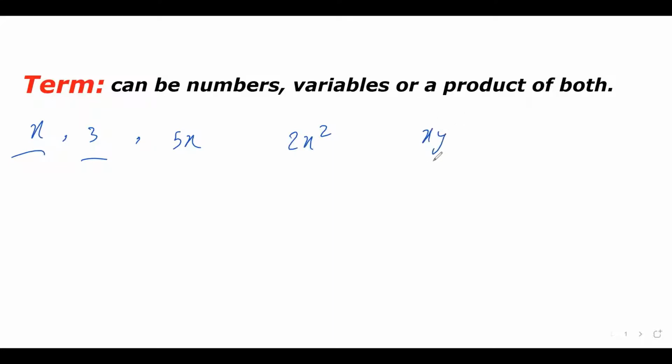So a term can be a variable, a number, or a product of both. So 5 times x, 2 times x squared, xy, or even say 6ab, this is another term. So we call these terms.